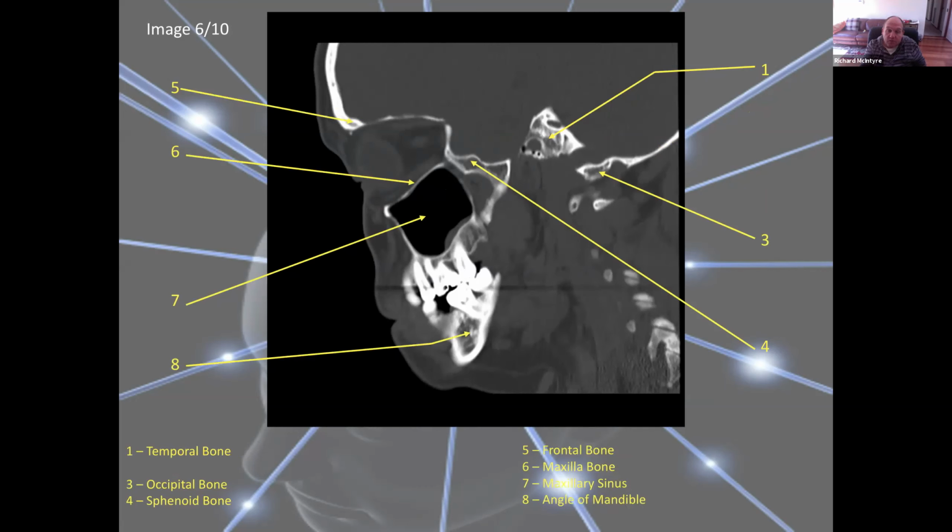And there's the different bones, obviously, that you have to know, the different bones that make up the facial bones.